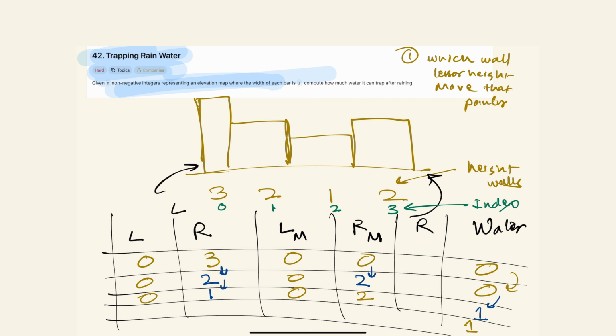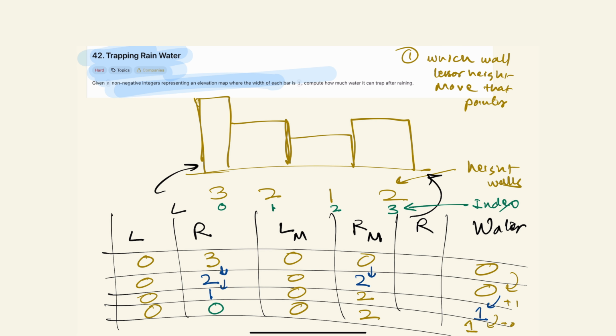Since we operate on the lesser wall, which is the right wall, the right value will be decreased to 0. Now what was the old value of the left? Max on the left was 0, right max was 2. So the amount added is 0, plus the earlier 1, so it remains 1.